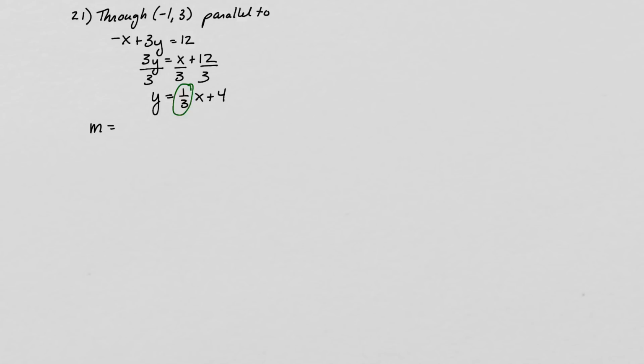So now I've got the problem. The slope is 1/3, and the point is -1, 3. So again, I'm going to use y minus y1 equals m times x minus x1 and plug in what I know. So y minus 3 equals 1/3 times x minus -1.